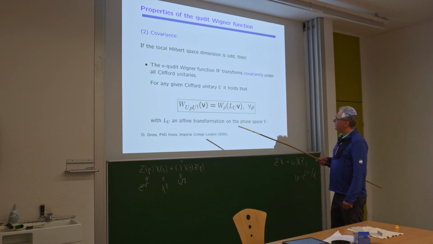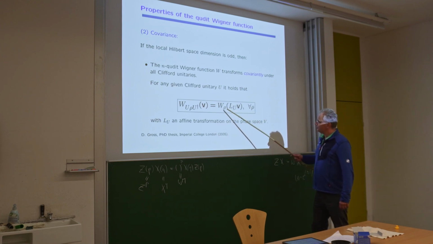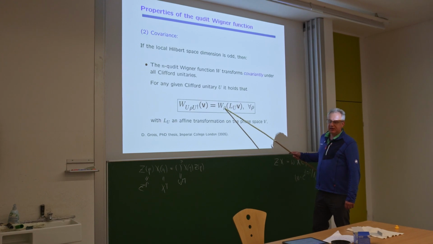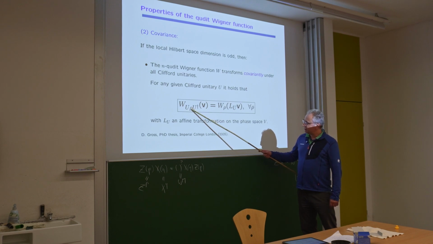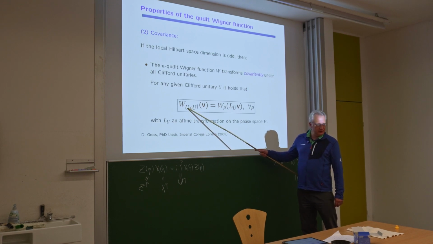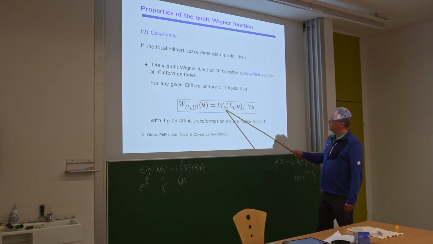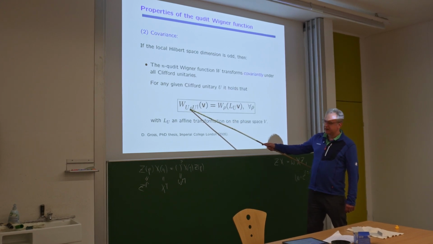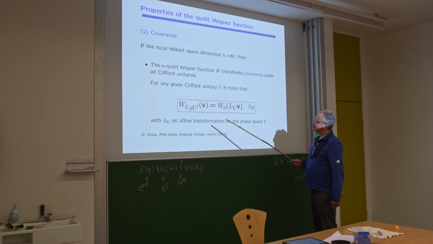What we have here to the left and right are Wigner functions for two density matrices. There is a density matrix rho, and there is a density matrix rho conjugated under a Clifford unitary. So this is the density matrix before application of the Clifford gate. This is the density matrix after. Yeah, so that is what is being compared here.